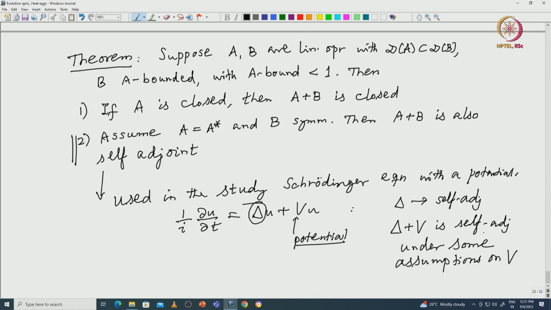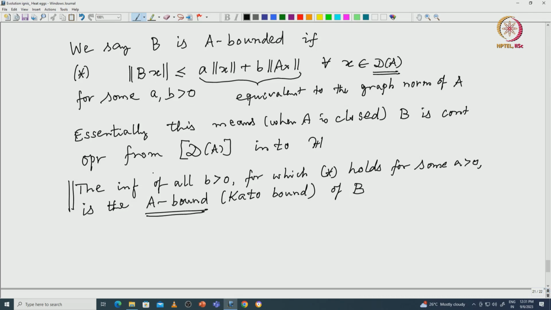See, essentially we have to obtain such estimates, right. So, here is the definition, this star. These are going to be some norms in some function spaces, and so the inequalities you would have studied are helpful in deriving such estimates, and then finally you have to show that the Kato bound is controlled and less than 1.